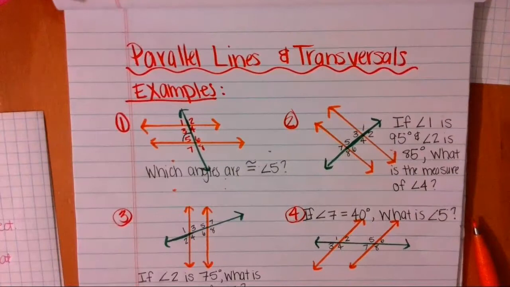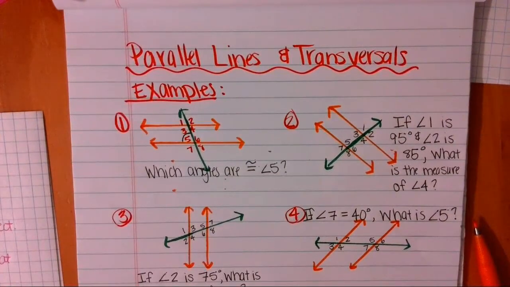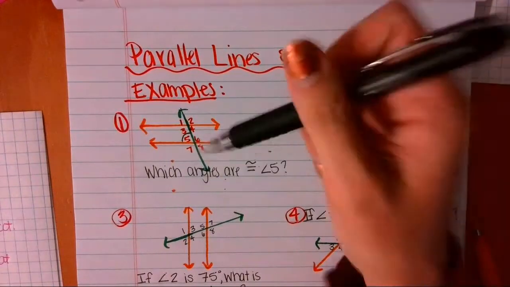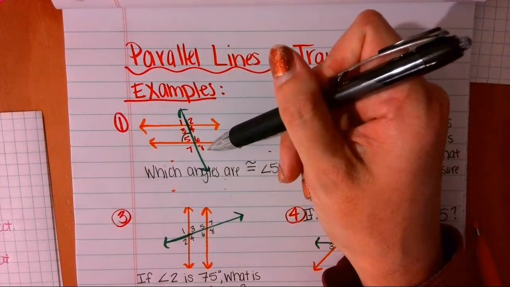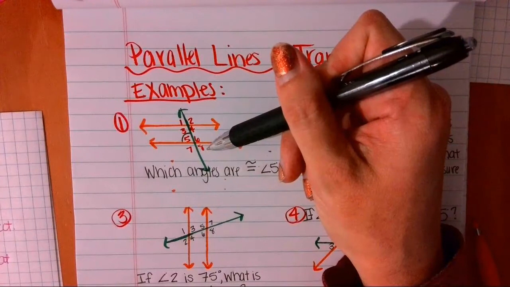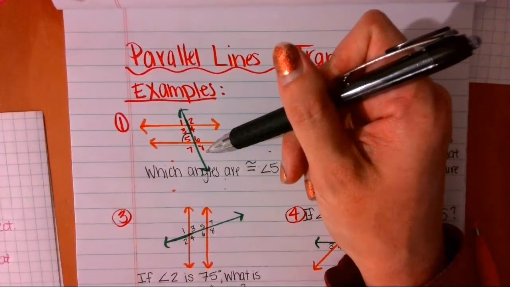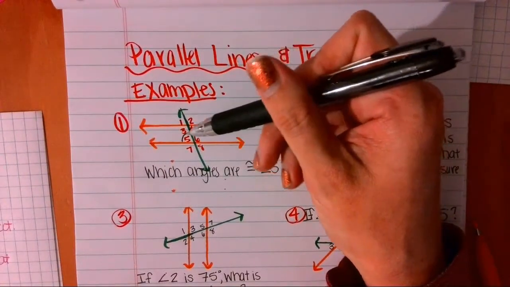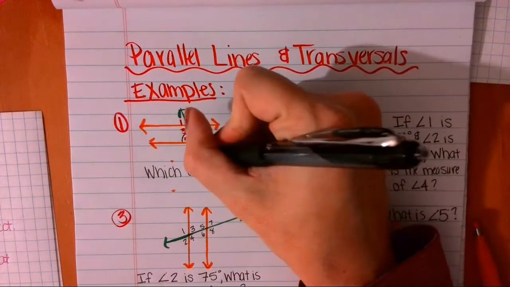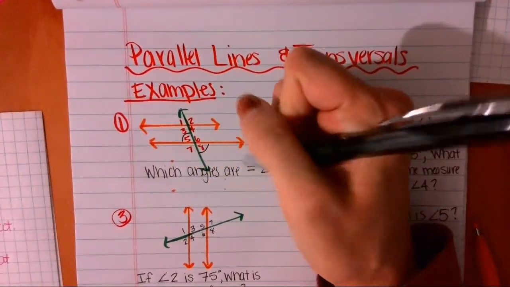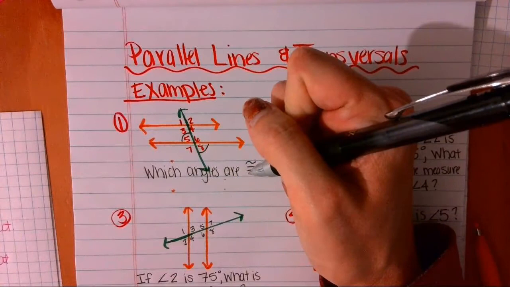I know, based on what we drew before and based on what you all learned in 7th grade, that the one across from it is made from the same two lines, and they're at the same angles. So that means that angle 8 has to be congruent.